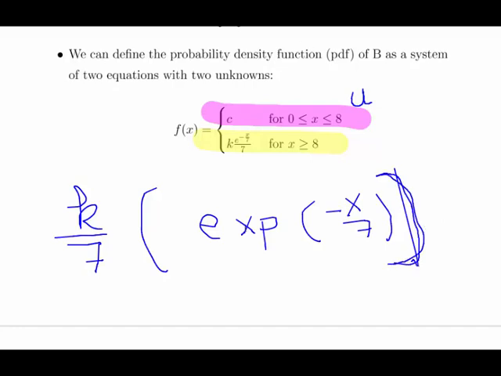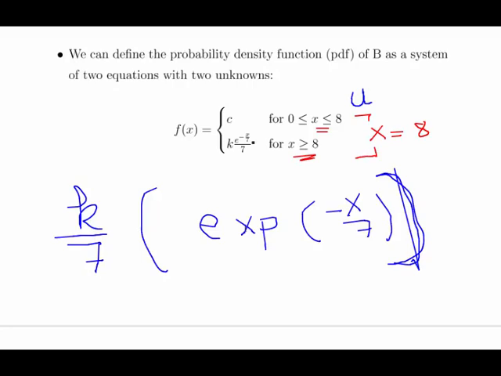Now, this is important. Let's look at this part again. We have x less than or equal to 8, and over here we have x greater than or equal to 8. So in both cases, they account for the case where x is equal to 8. That's the way we're setting it up, because it's the only way we can really make things make sense.